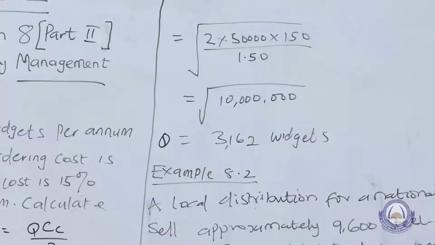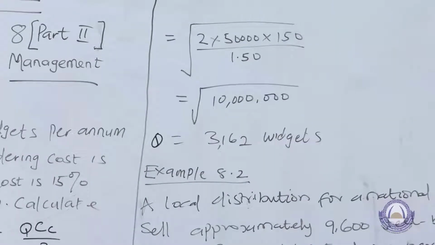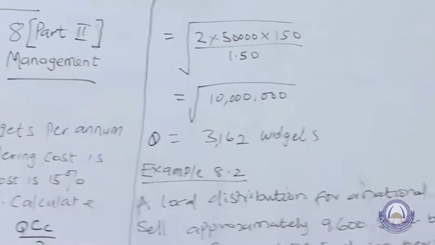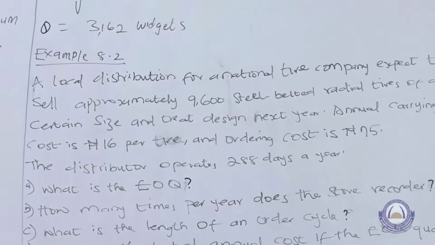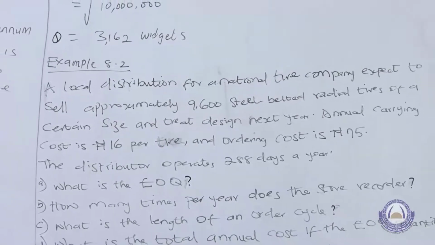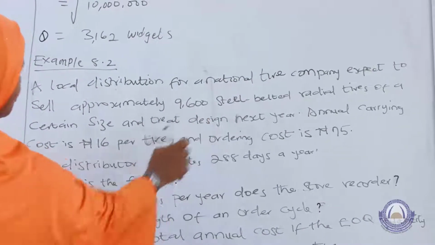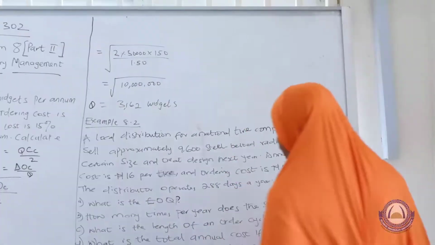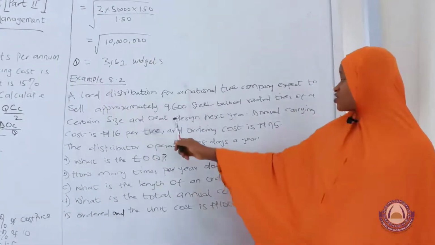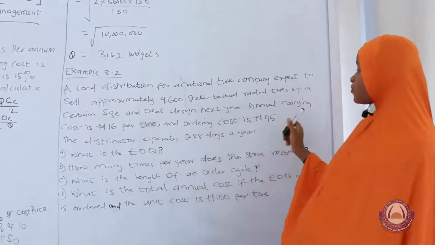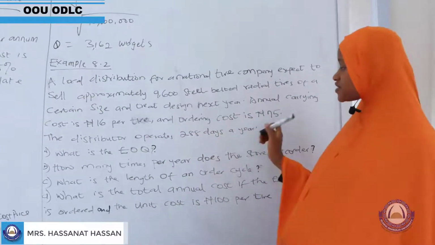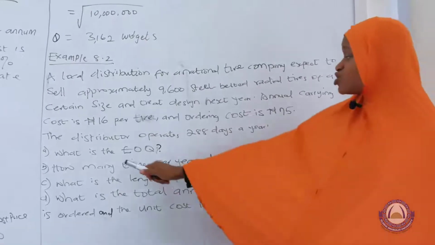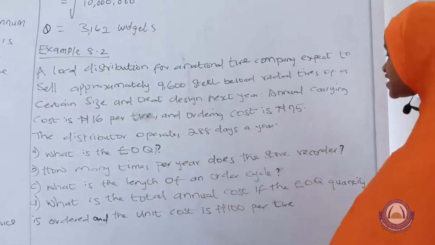But as for Example 8.2, we have a local firm, a local distributor for a national tire company, which expects to sell approximately 9,600 steel-belted radial tires of a certain size and tread design next year. Annual carrying cost is 16 naira per tire. Ordering cost is 75 naira. The distributor operates 288 days a year.